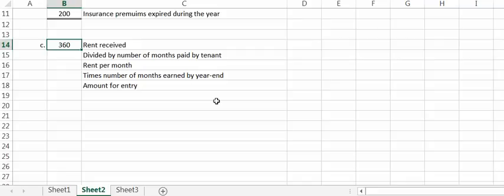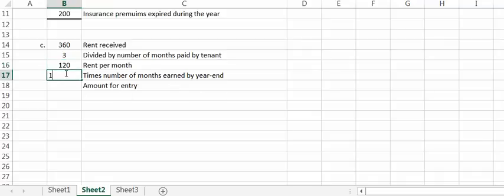But you can use this formula if we have 5 months rent received on November 1st, and year end is January 31st, right? So we'll take $360 rent received, divided by the number of months paid by the tenant, which was 3 months, so that equals $120 rent per month, times the number of months earned by year end.